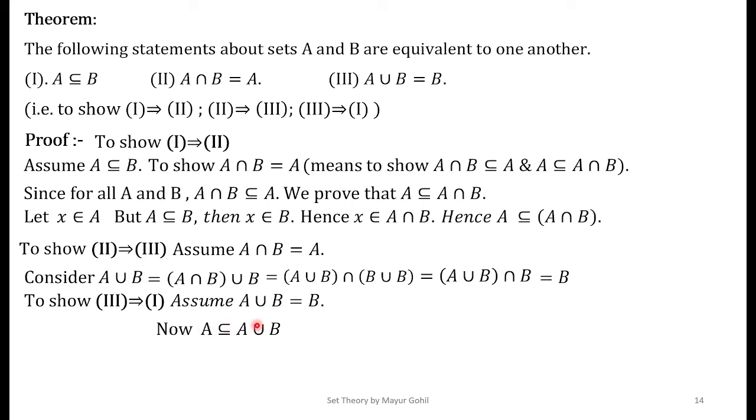So what does it mean? A union B is B, and we are supposed to prove that A is a subset of B, so we are done with the claim, right? A is a subset of B. Over.